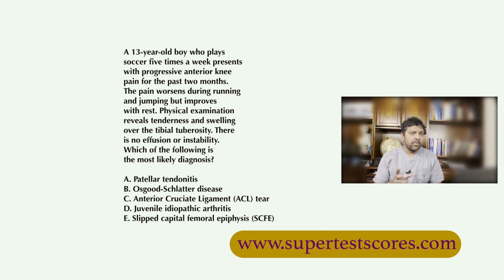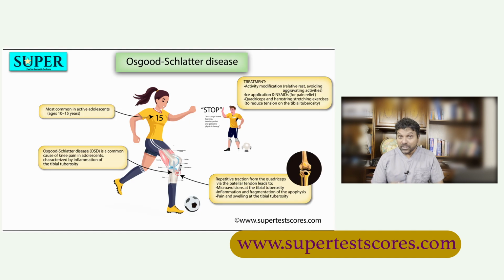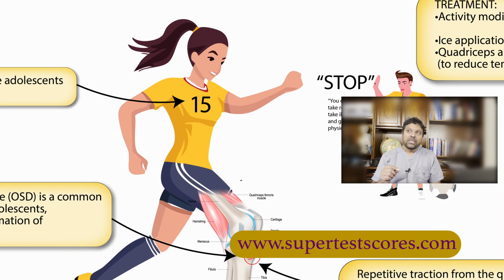The best way to remember this is to imagine a soccer player. Imagine a soccer player hitting the ball, okay? And then write 15 on her shirt. So that makes you remember that this is a disease common in adolescents.